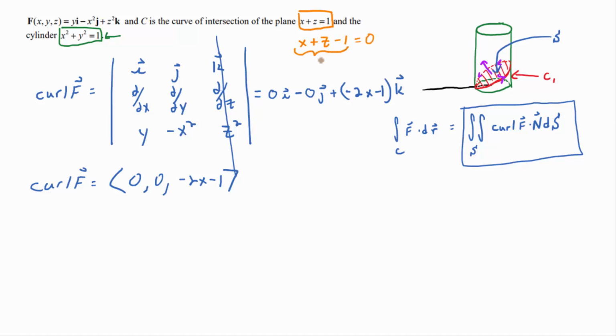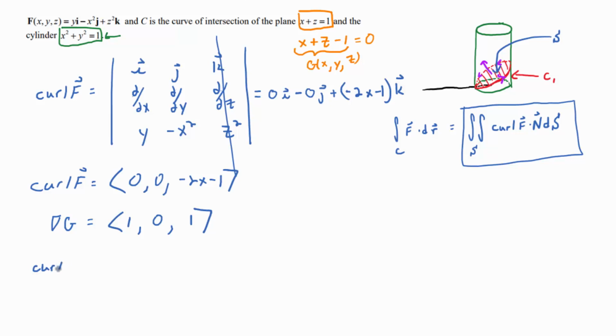If you think of this as g of x, y, z, then what is del g? 1, 0, 1.